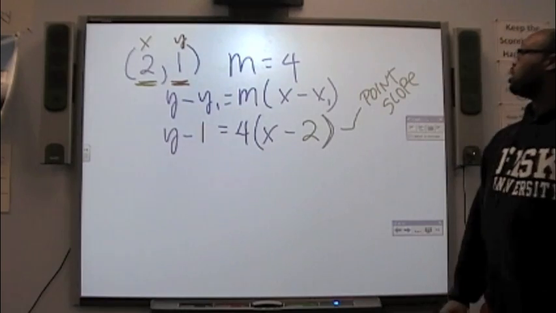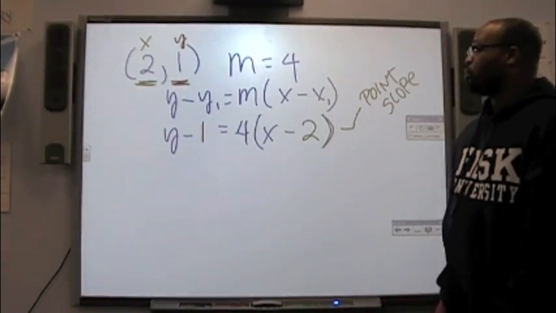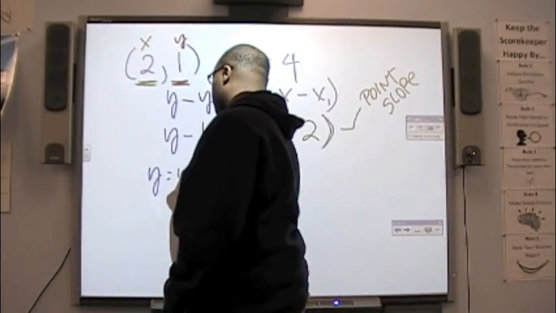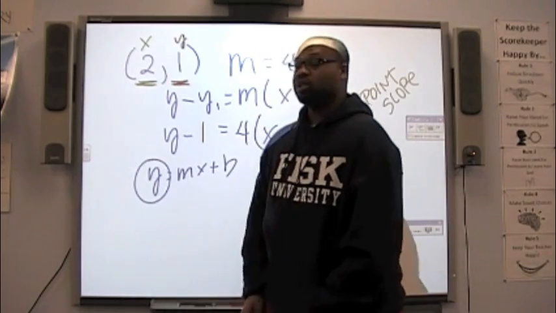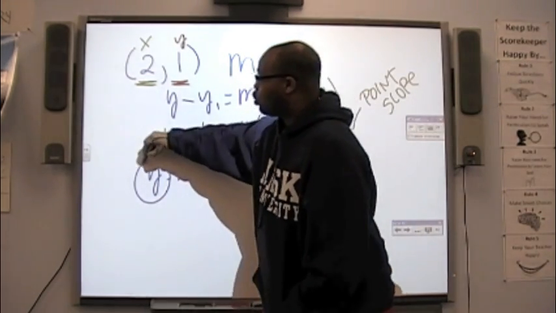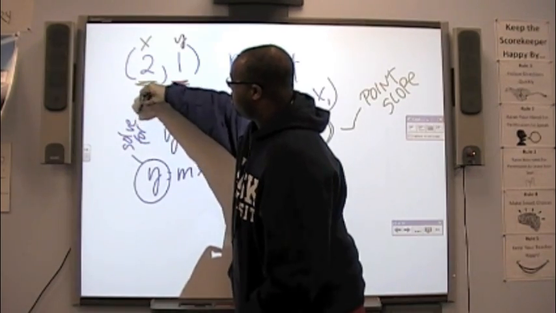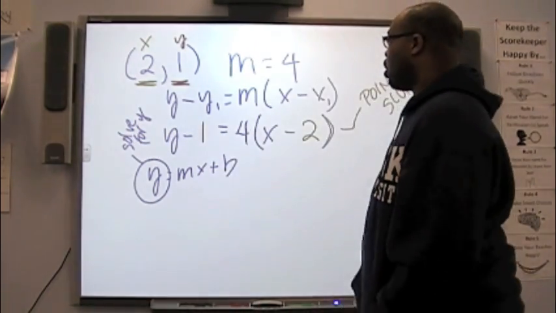Now that I have it in point-slope form, I want to see if I can put it in slope-intercept form. Remember that it looks like this. All you have to remember about putting something in slope-intercept form is you solve for y. Y is solved for in slope-intercept form, so all you have to do is solve for y.